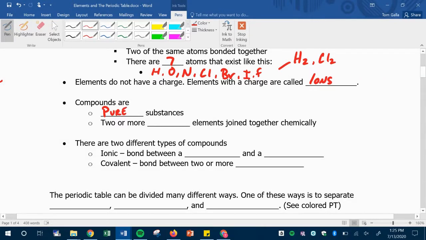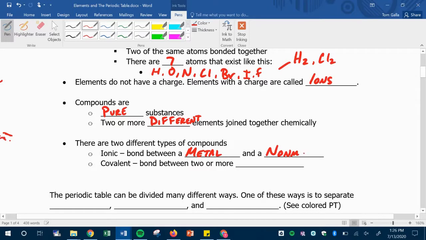And with our pure substances here, 2 or more different elements joined together is how we end up making our compounds. Now, there are 2 different types of compounds. There's ionic and covalent, which you guys are probably familiar with. And so with ionic compounds, these are bonds that occur between a metal and a nonmetal.